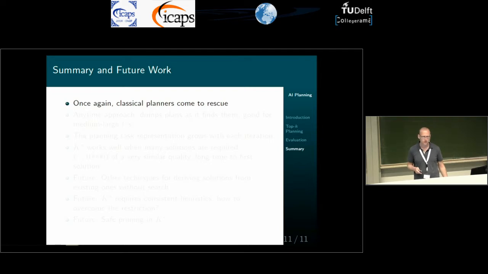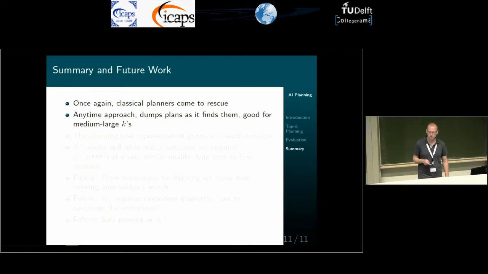So to sum up, once again, we are using classical planners to solve the top-k planning problem. We suggest an anytime approach that can dump plans as it finds them, and it performs pretty well for medium to large k. It really depends on how you measure what medium or large is, because up until now in the planning community we were not looking for thousands or tens of thousands of solutions.